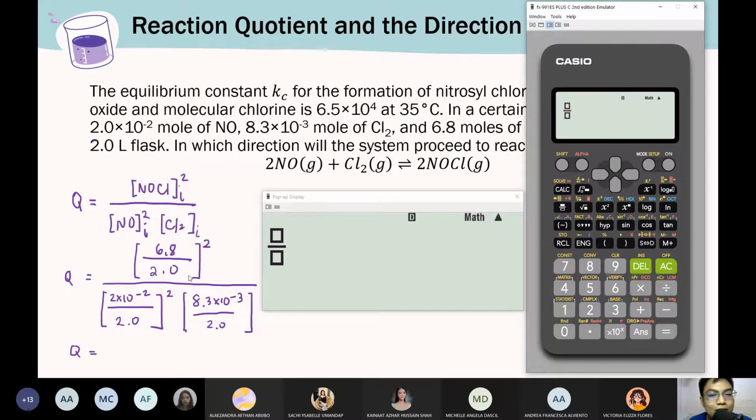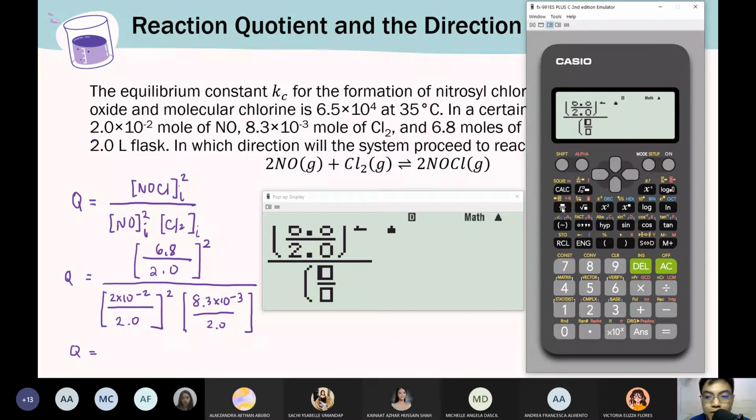So, ano na gagawin natin? Pindot na. Plug in na. Kung maunahan nyo ako, sige, mag-chat na kayo sa chat box. Kasi ako dadaldal pa habang nagtatype. So, in the numerator, you have 6.8 divided by 2, and close parenthesis, it is squared.